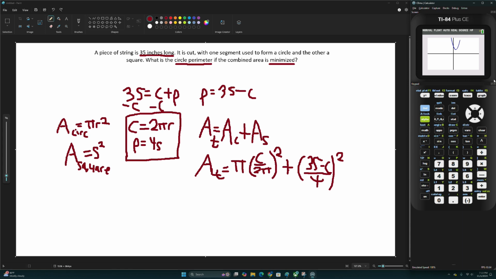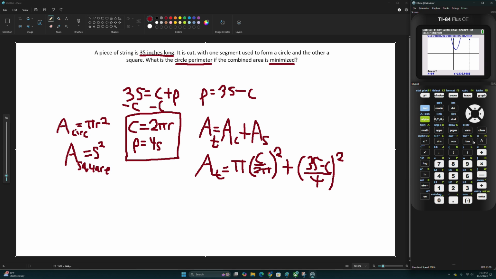All right, as you can tell after zooming out a lot, we have a parabola, which is what we were wanting. Now we're asked for the minimal area, which you can see right there. So calculate the minimum. We have to be on the left bound, which we are, and then go to the right bound. Oh shoot, I did not mean to do that.